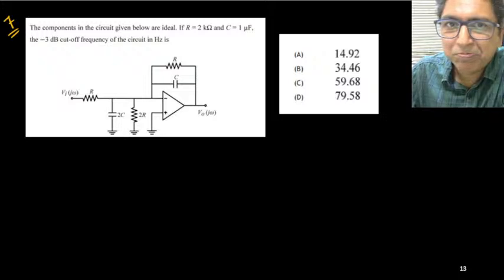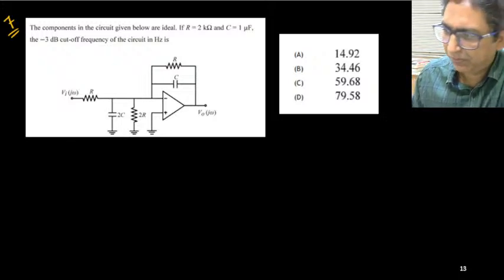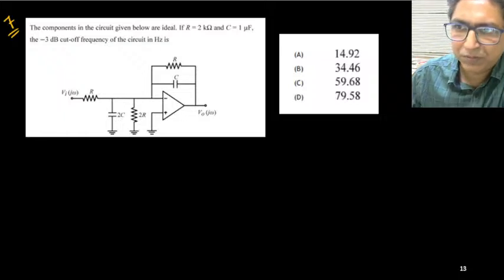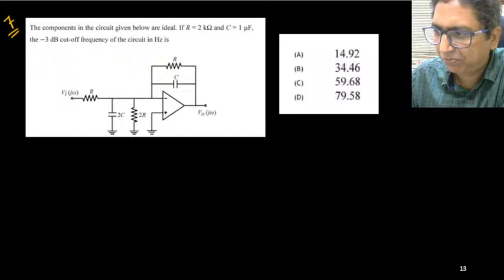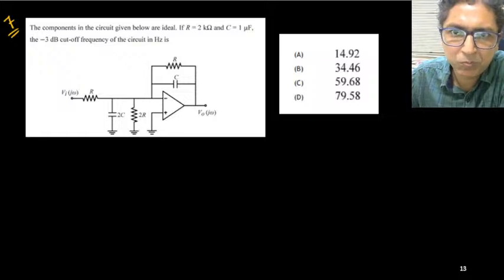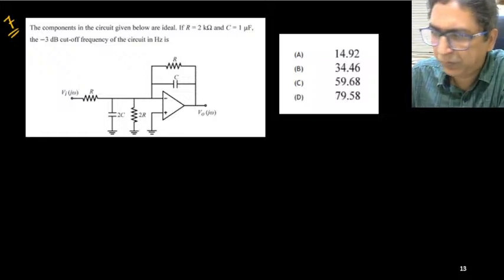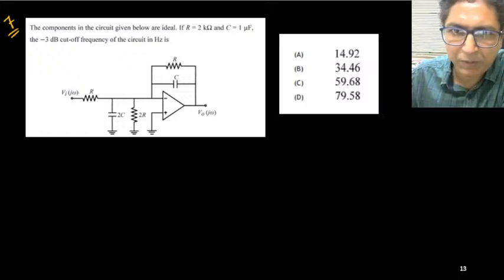Now, the next problem. Can you solve this one? Please look at the problem here. Try to find the cutoff frequency.